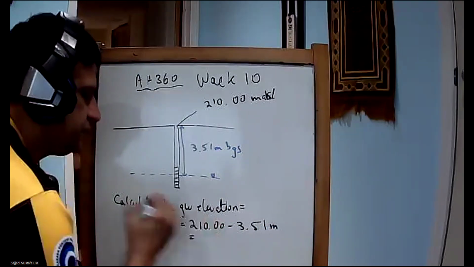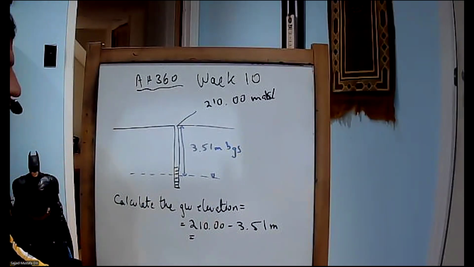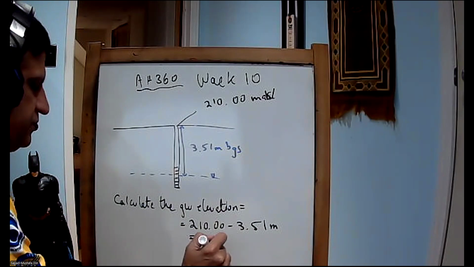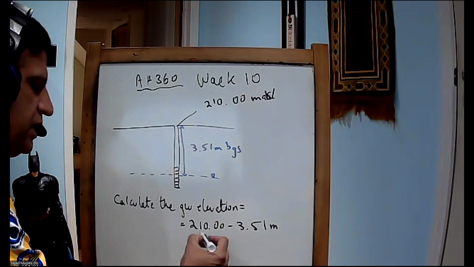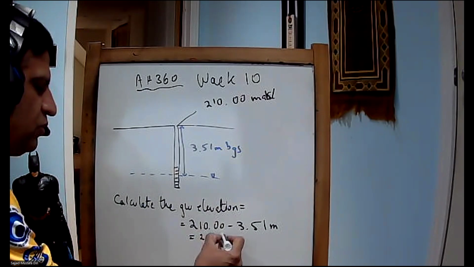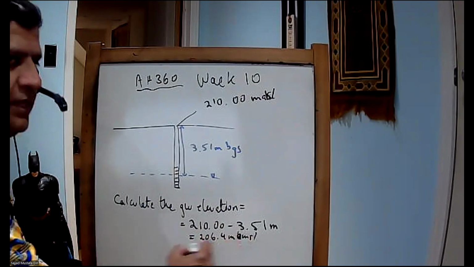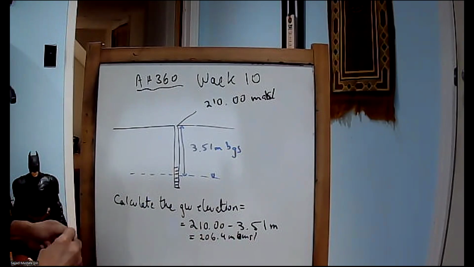What will this give us? 210 minus 3 is 207, minus 0.51, 206.49 meters above mean sea level. That is how you calculate that.